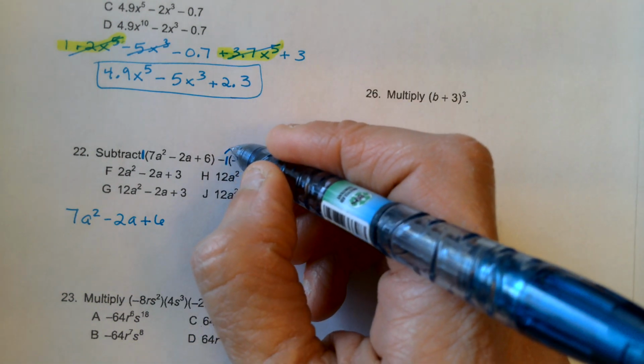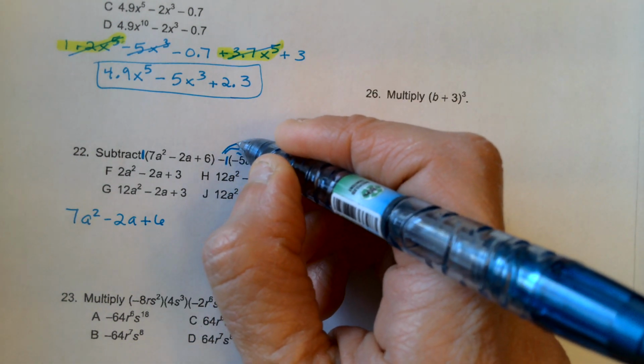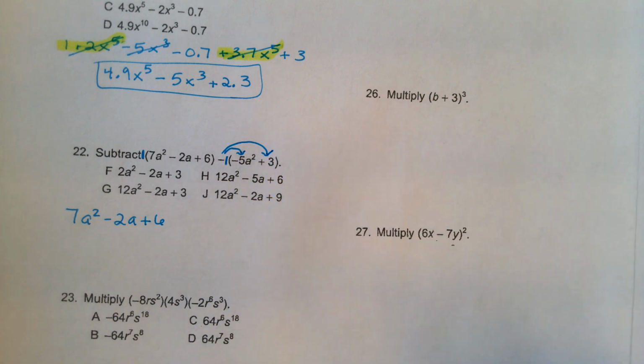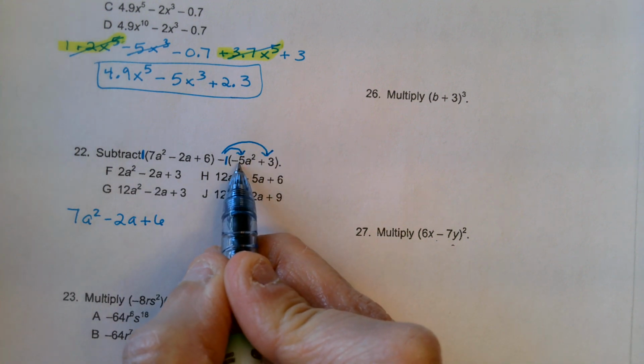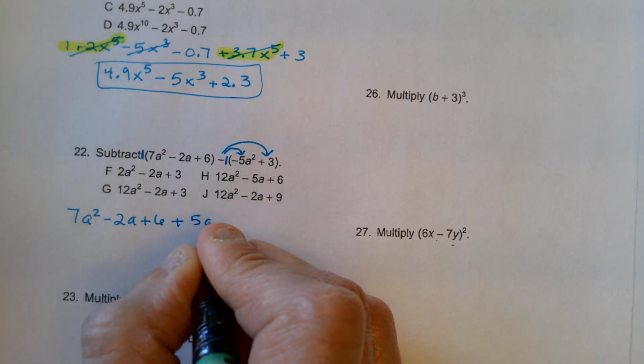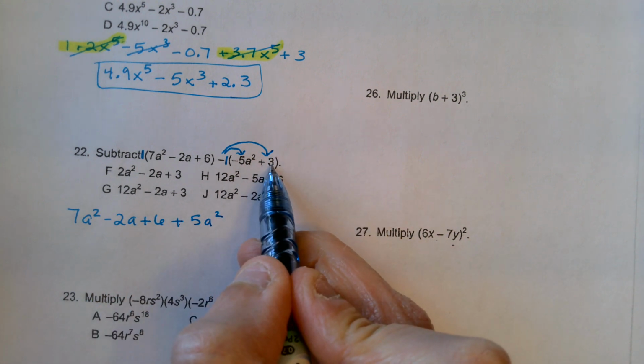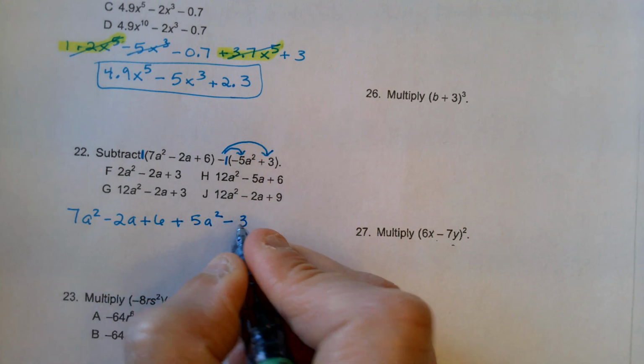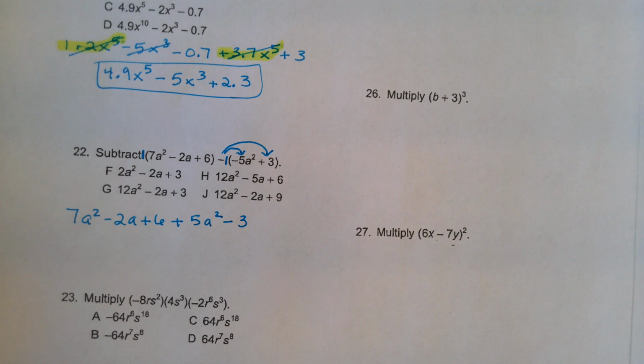So I have to distribute that negative 1 through both, and what it does is it just switches the sign. So now instead of having a negative 5a squared, I have a positive 5a squared. Instead of having a positive 3, I have a negative 3. Now I'm going to go through and combine like terms.